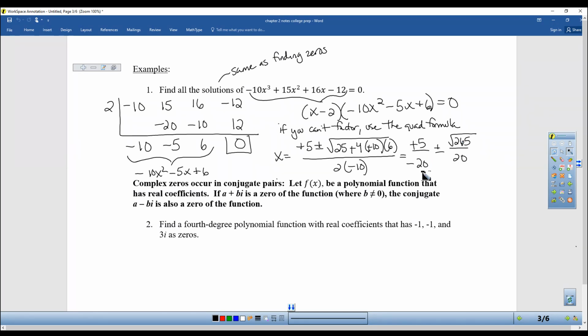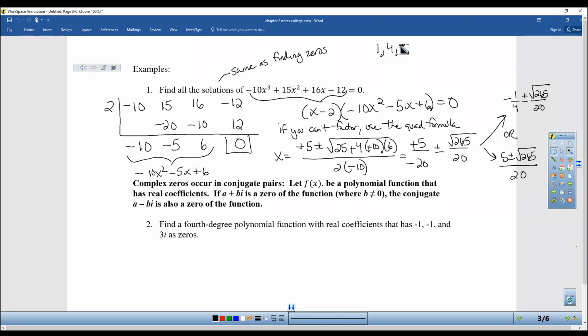I could reduce this. So from this point, you could either write it as negative 1/4 plus or minus the square root of 265 over 20, or a perfectly acceptable answer is to leave it together, 265 over 20. The 265 does not contain any perfect squares. If you're wondering, how would I know that? You literally just have to try them.